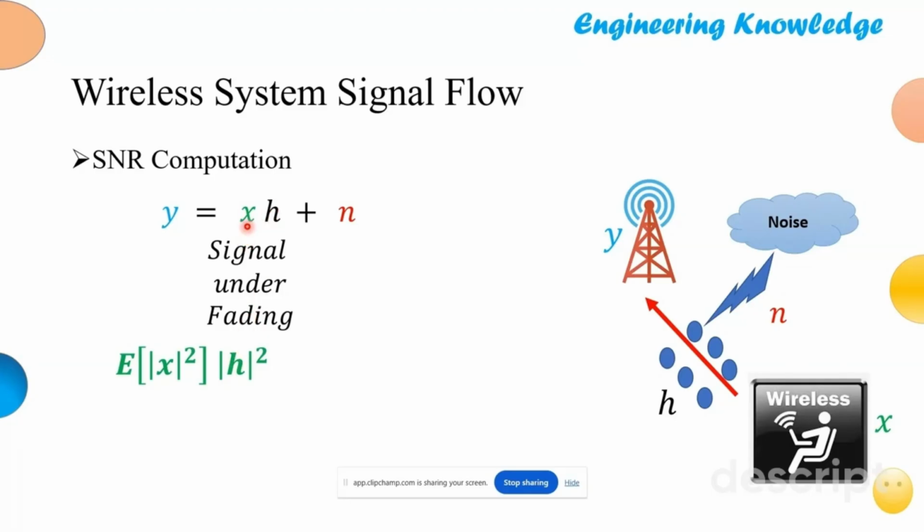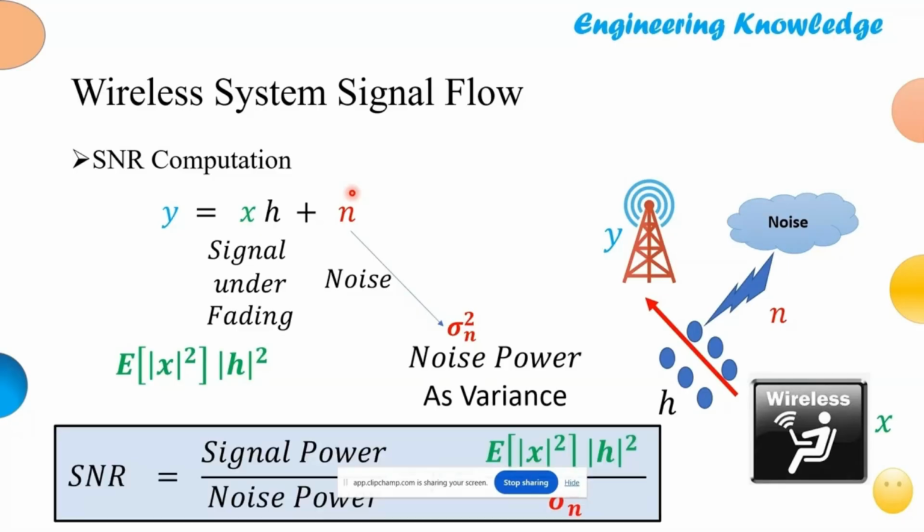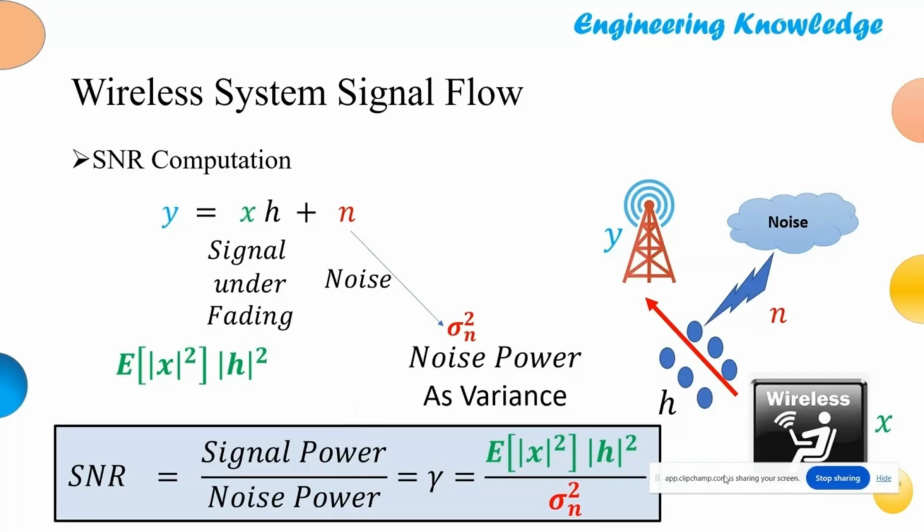In this derivation, we'll assume that the expected value of mod x square is P1, and N is modeled as additive white Gaussian noise having a variance of sigma n square. Therefore the signal to noise ratio is signal power upon noise power, denoted by gamma, which is P1 mod h square upon sigma n square.